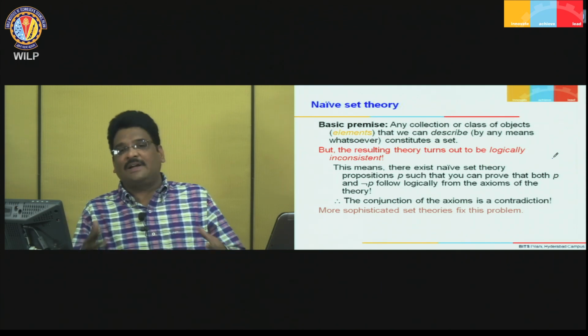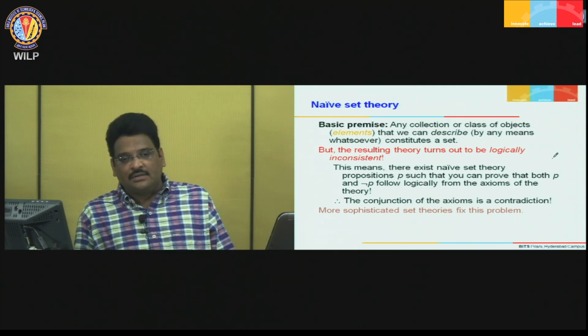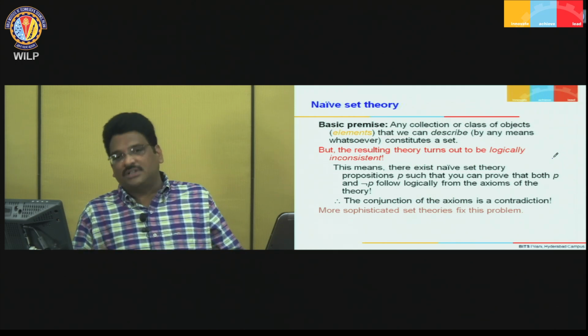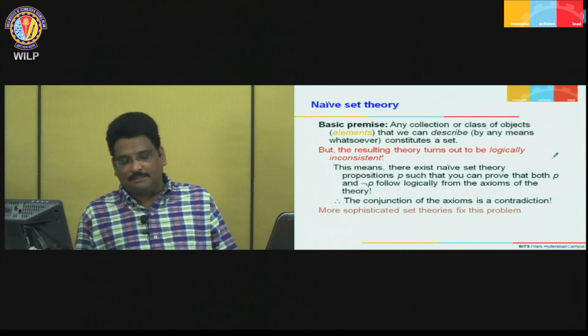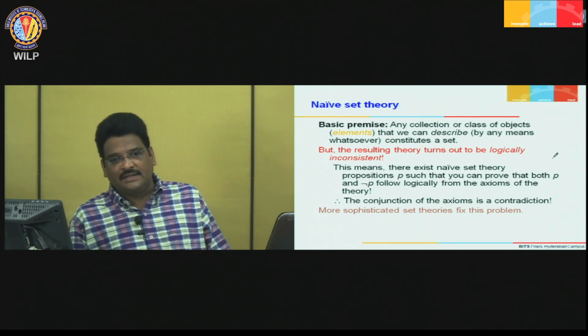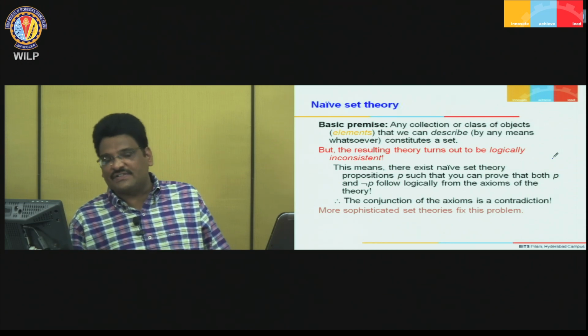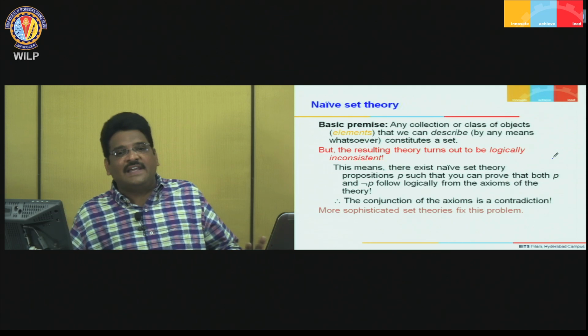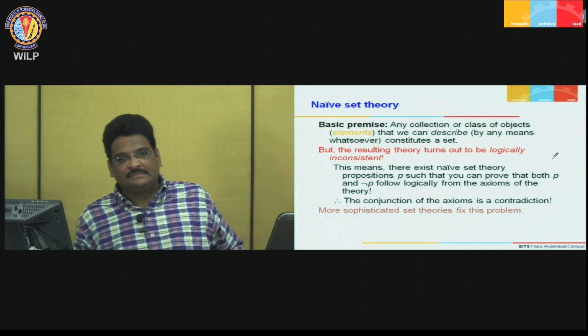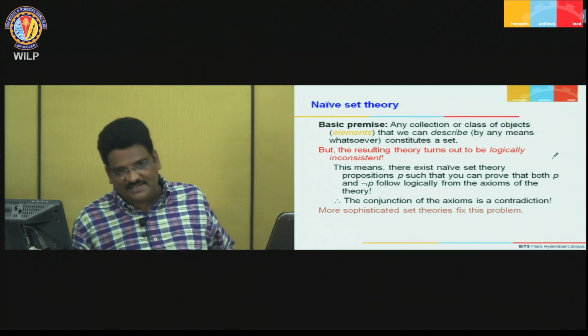The whole theory had become inconsistent. To fix this, people put in some more axioms and made some definitions more formal and better, so that the theory is consistent. That is called ZFC set theory and all those things.